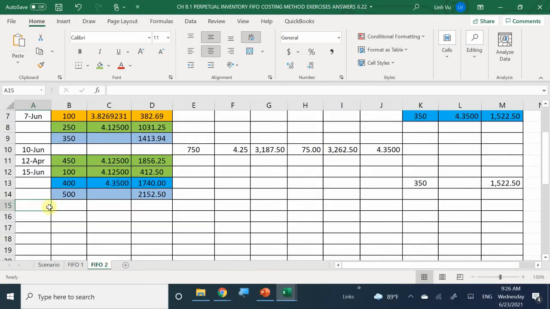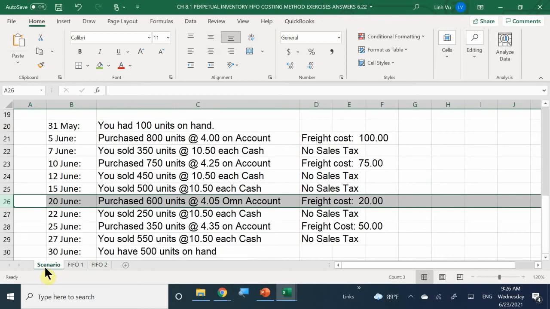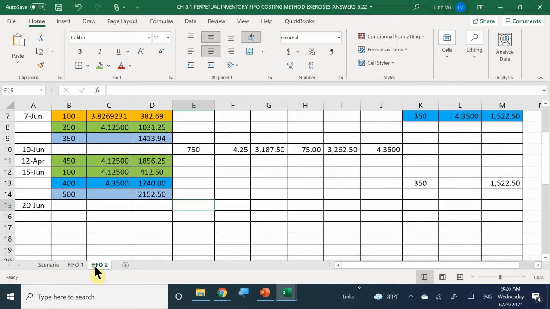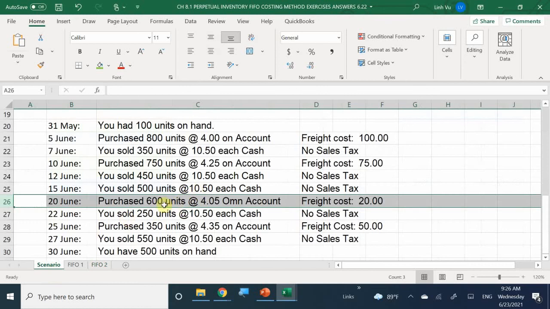Okay. June 20th, I bought an additional 600 units at 405. What's OMN? I made a typo there. It's just "on." Okay. So 600 at 405.